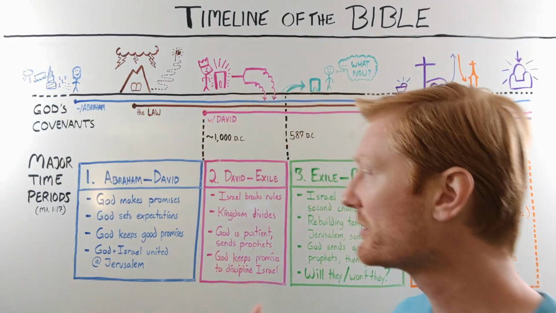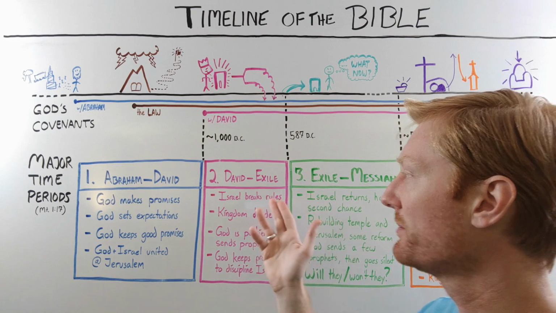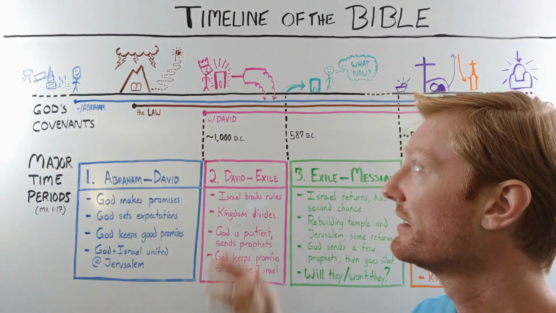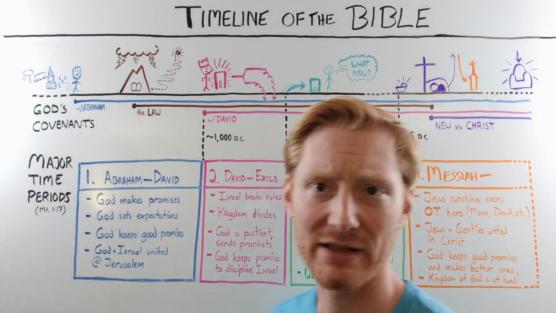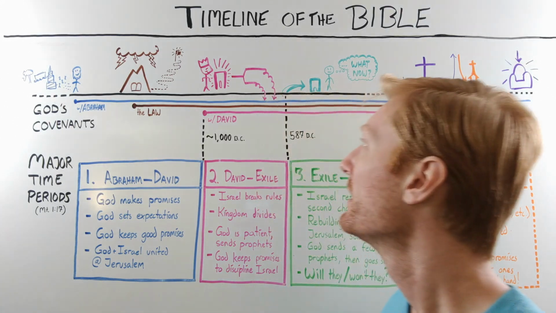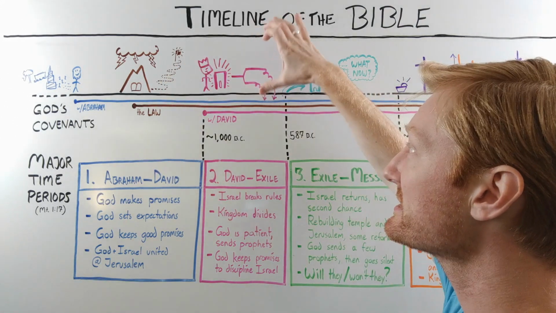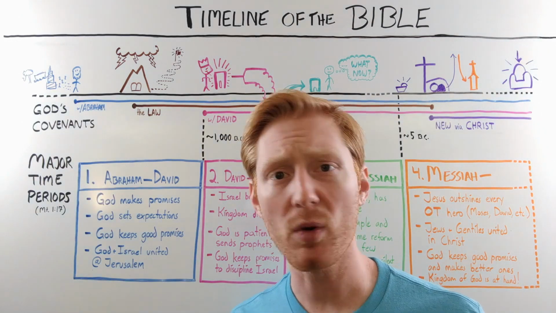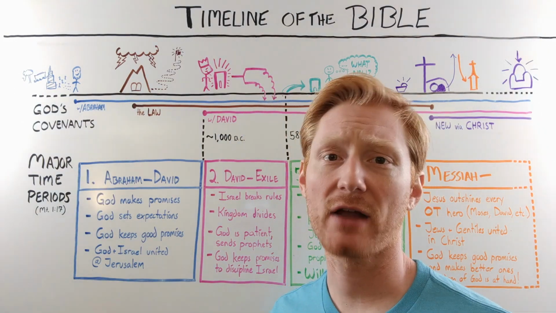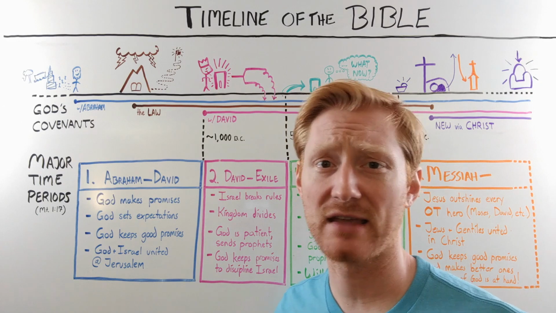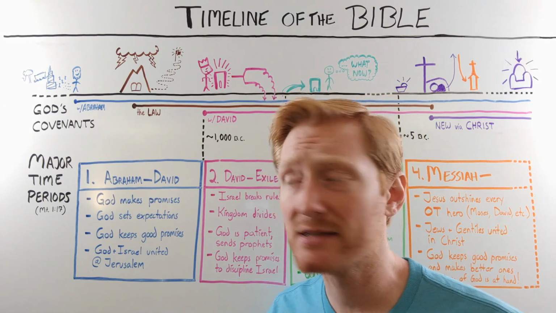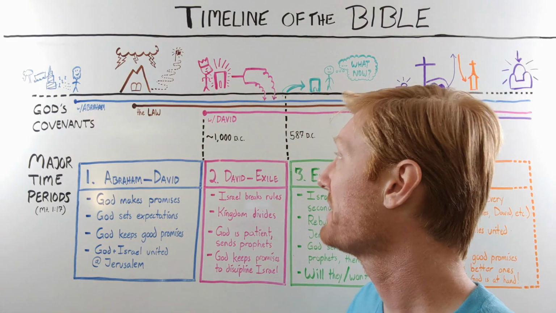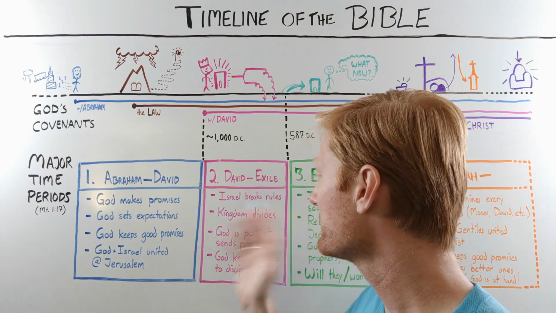So after David dies, Israel breaks these rules, and that sets some really nasty stuff into play. So the kingdom splits, and one half falls into captivity to one empire. Another kingdom falls into captivity to the Babylonians, and the people just go into exile. The kingdom divides.